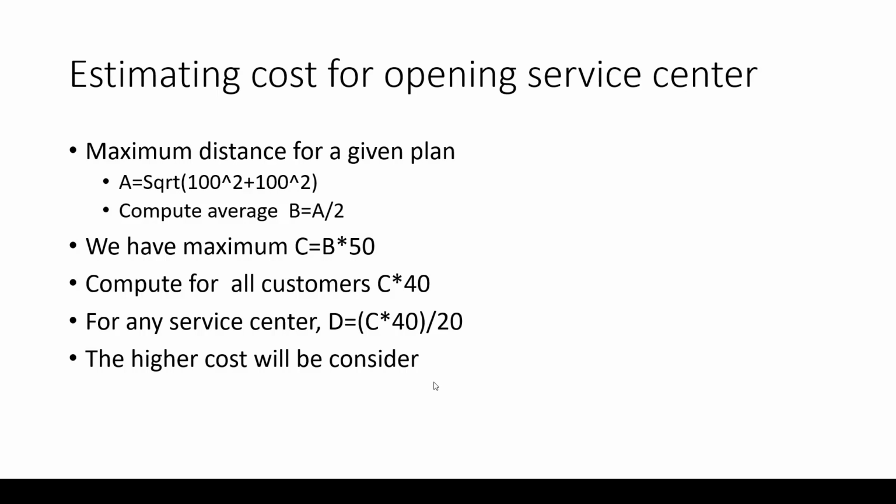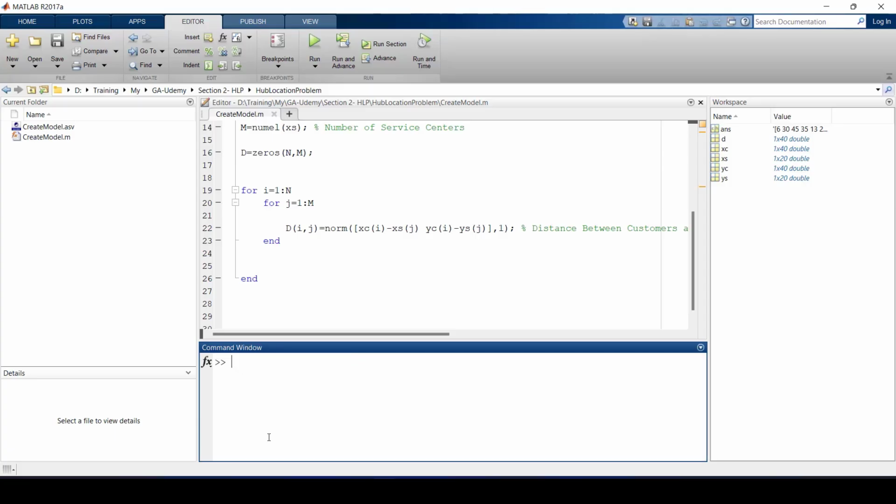So let's just crunch some numbers in our software. We have a maximum distance with this formula, sqrt of 99 power 2 plus 99 power 2.